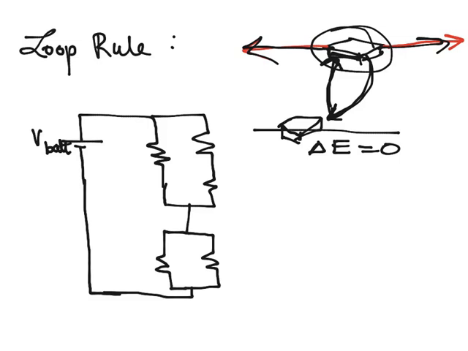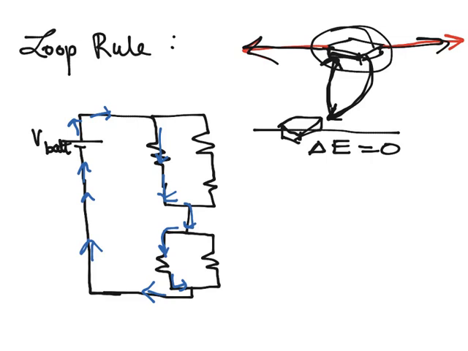The same thing is true for electrons going around the circuit in a battery. If they start at the battery, go through the circuit, and they end back up at the battery, no matter what path they take, their potential energy change should be zero by the time they make it all the way around the loop. And because voltage is potential energy per unit charge, the same should be true for the voltage around the loop.